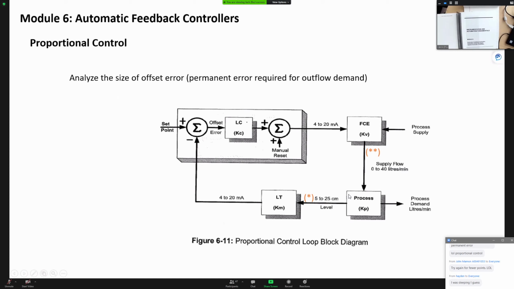So if there's no error, they're not going to make any adjustment. How big or slow the valve changes depends on this error signal. So that's why for proportional control, you always need that permanent error required.